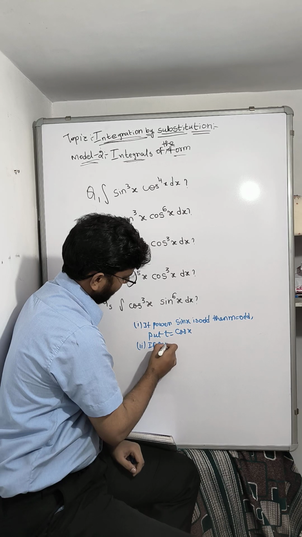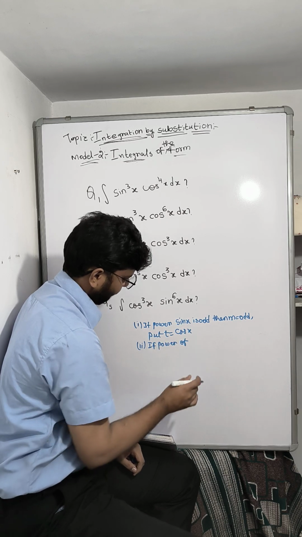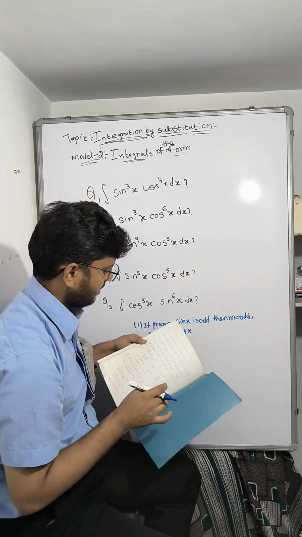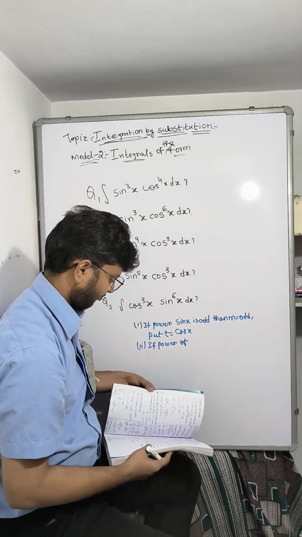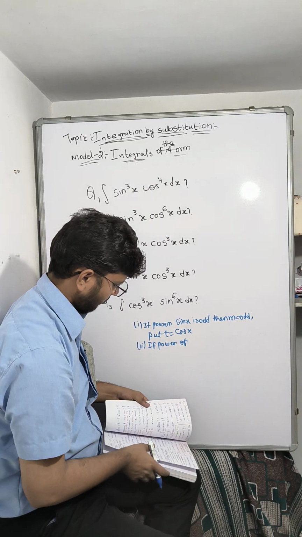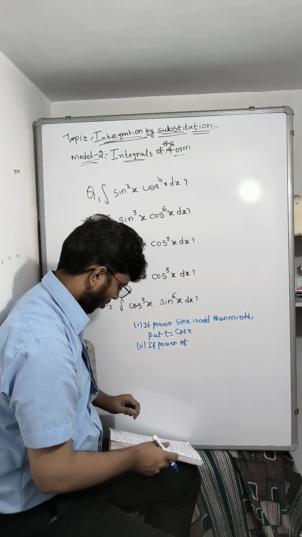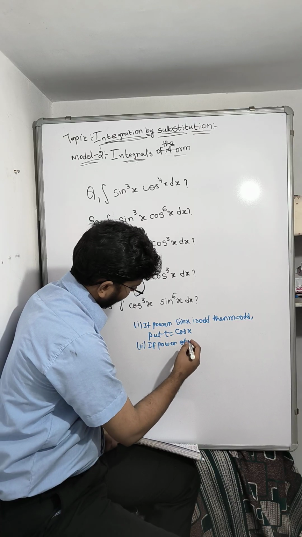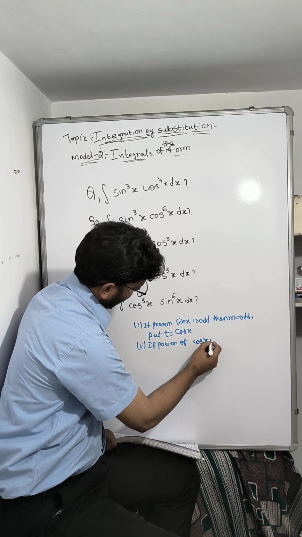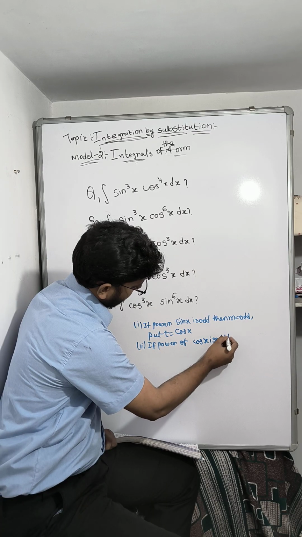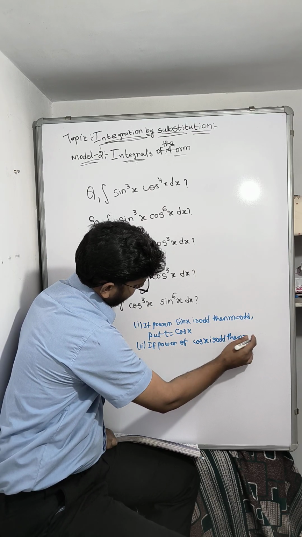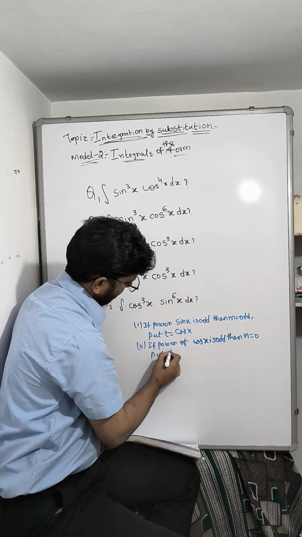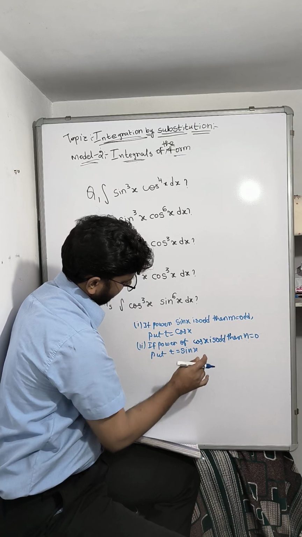If the power of cos x is odd, then n is odd, put t is equal to sin x.